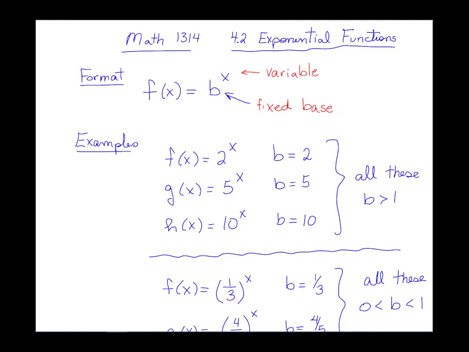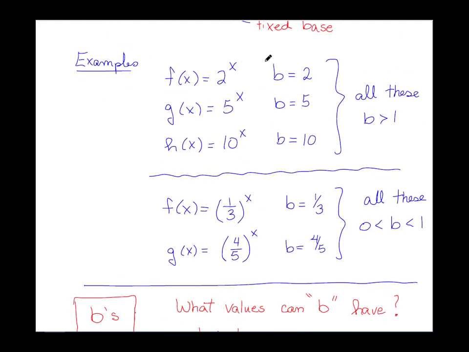So some examples. The first couple of examples here, we have f of x is 2 to the x, or 5 to the x, or 10 to the x. In the first case, b is 2, b is 5, or b is 10. And all of these b's are numbers that are bigger than 1. And that's important.